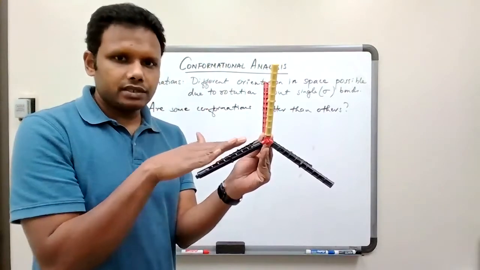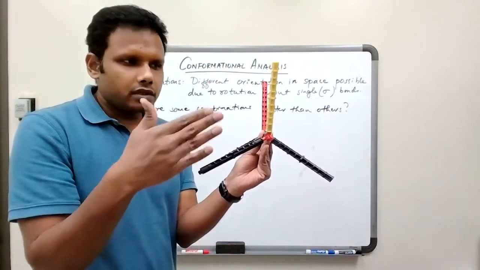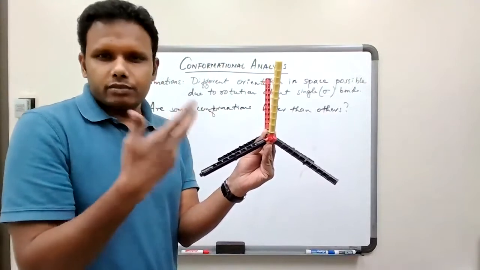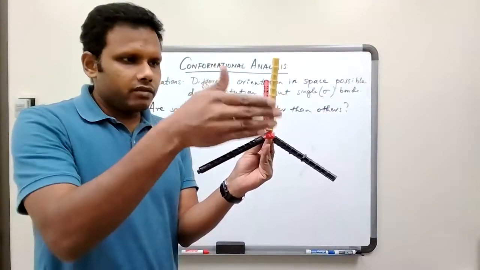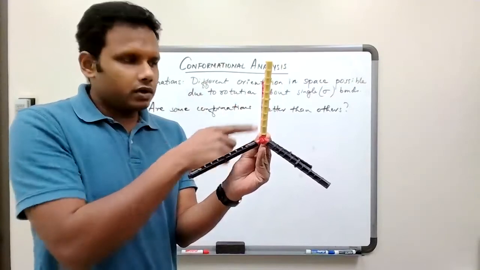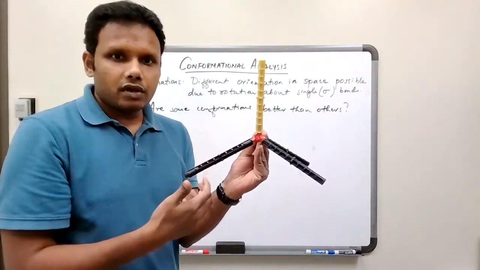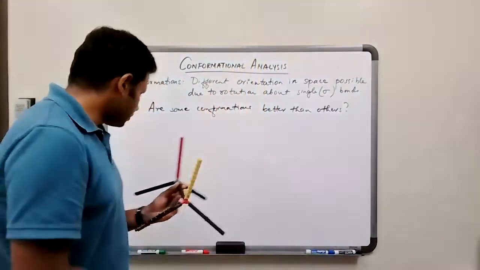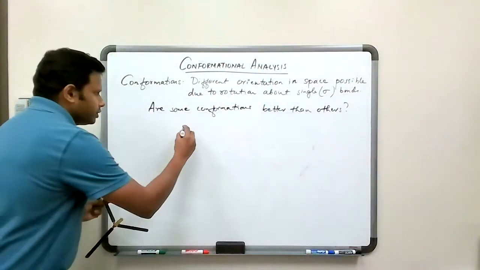This is eclipsing, almost like a lunar eclipse or a solar eclipse. This is eclipsing because every bond on the front carbon eclipses a bond on the back carbon. So this is called an eclipsed conformation.